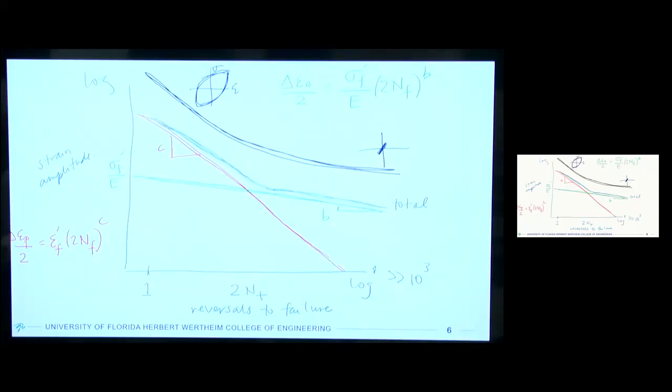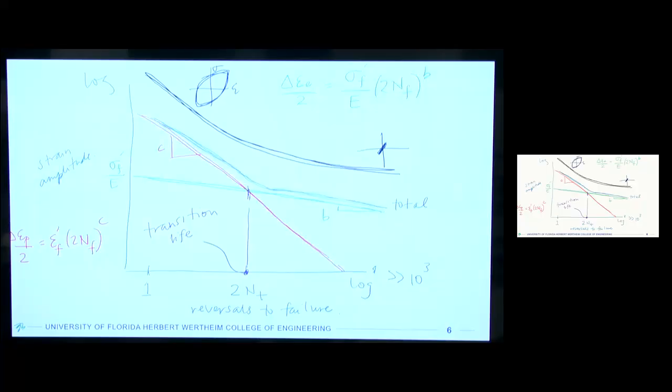And so let's talk a little bit about where these cross. If we look at where these two cross, we can follow that down and say that this is some sort of a life here on the x-axis that is the transition life. How many cycles will it last at a particular strain amplitude?